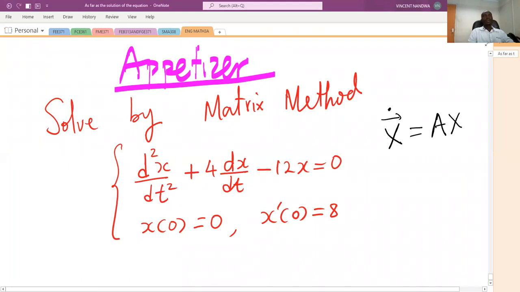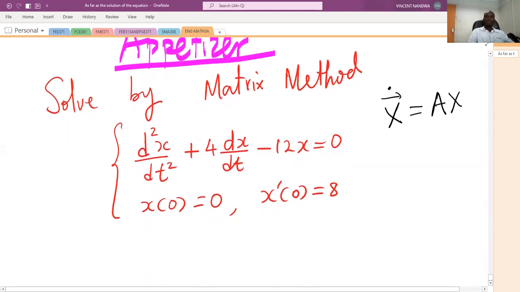And then once we have our A matrix, we find the eigenvalues and then the eigenvectors, and then we get the linear combination of the solutions thereafter. So let's see how we do this.